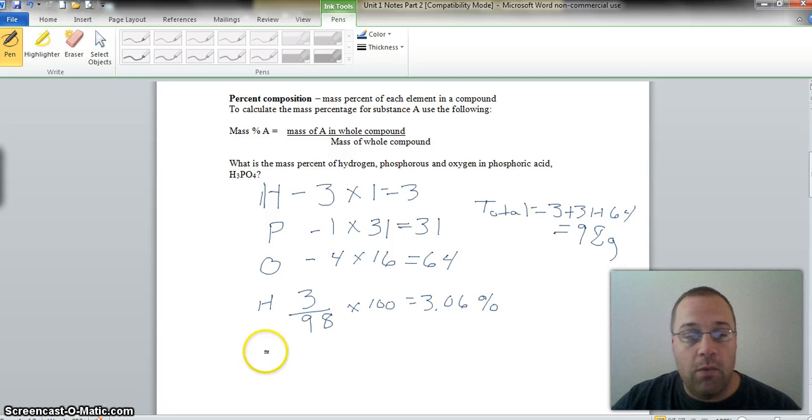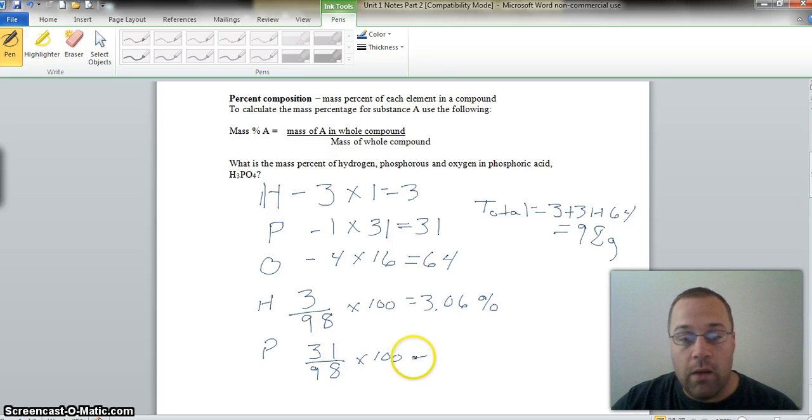I'm going to do phosphorus next, keeping them in the order that I wrote them down. 31 divided by 98 times 100 equals, and I got 31.63%.